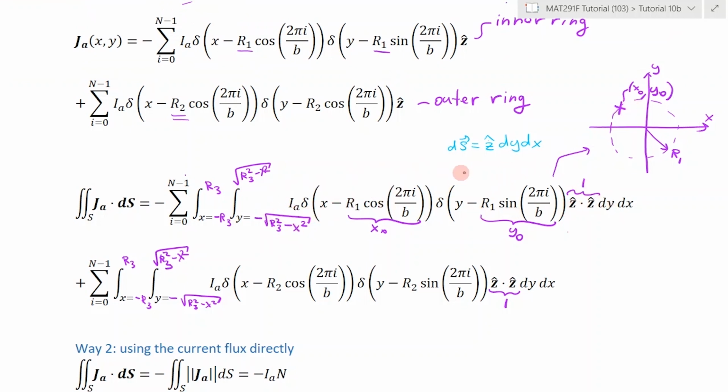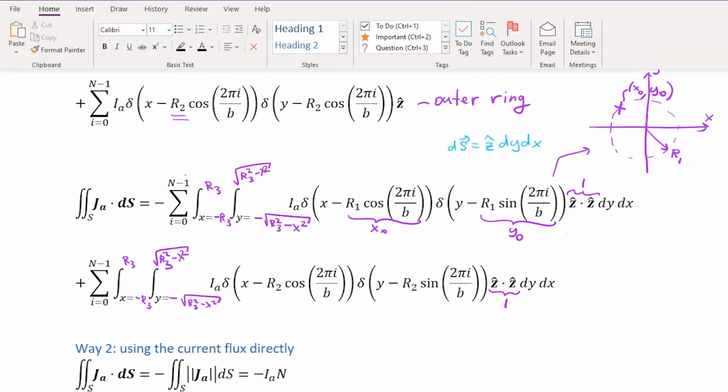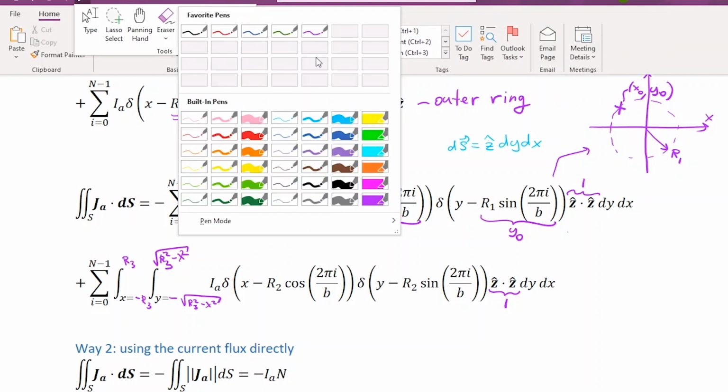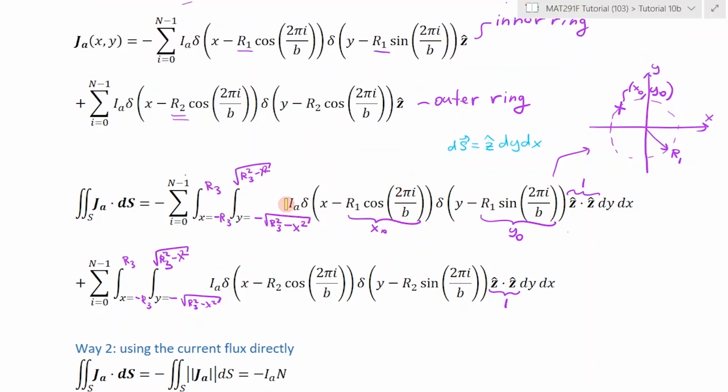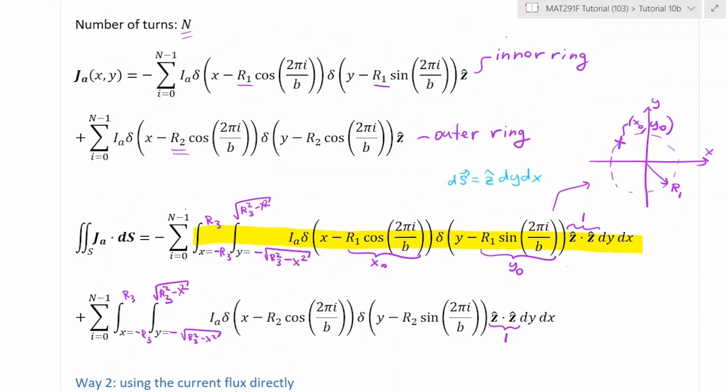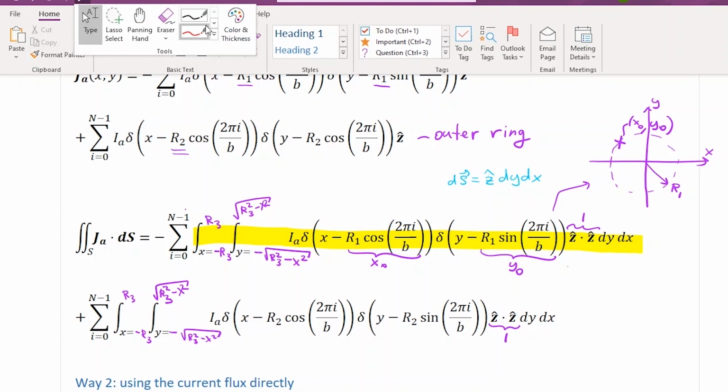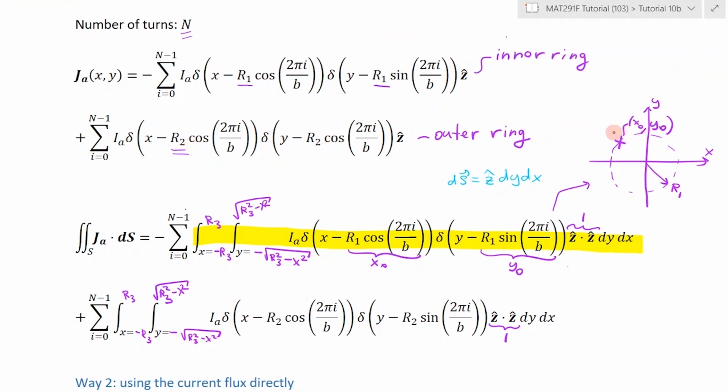Let me highlight it. We're integrating this. So let's understand what this integral is. Our surface is going like this. The radius of the surface is greater than R1.